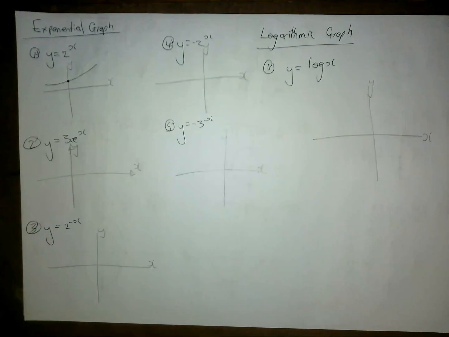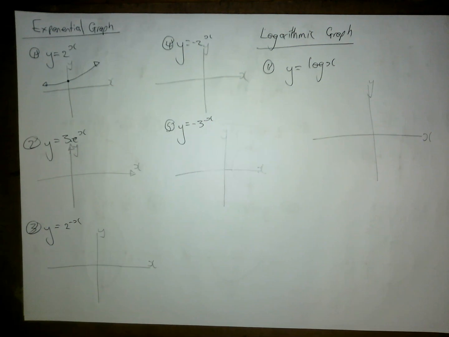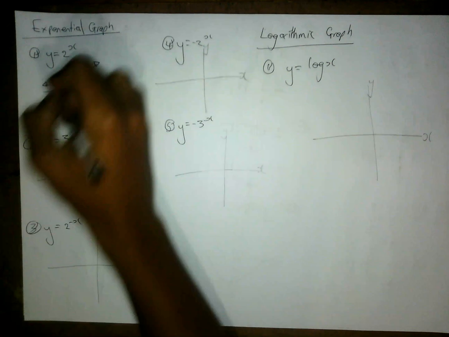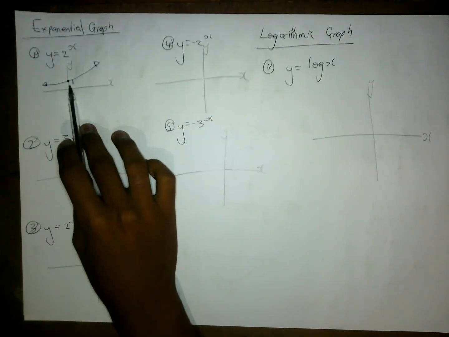We draw a graph like that. Finished. And this is a 1 actually. That point there, it's 1 on the y-axis.